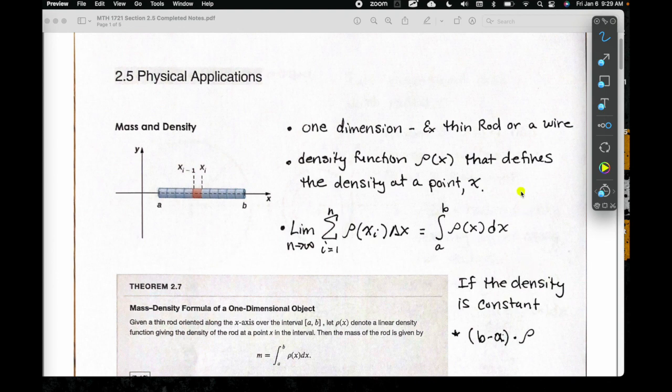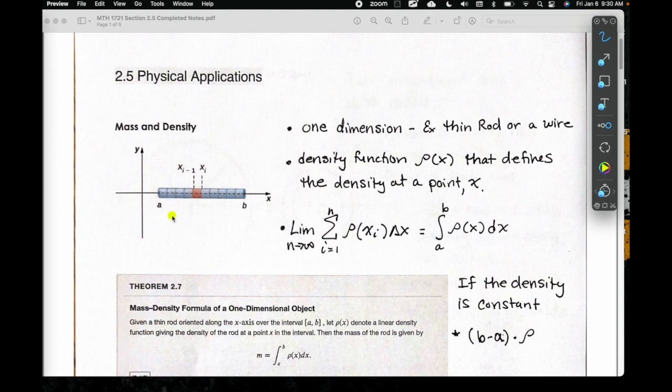So just like in previous applications, we're going to break up this rod or this wire in small pieces. And the pieces are going to be small enough so that we can say that the density is approximately constant on that piece.